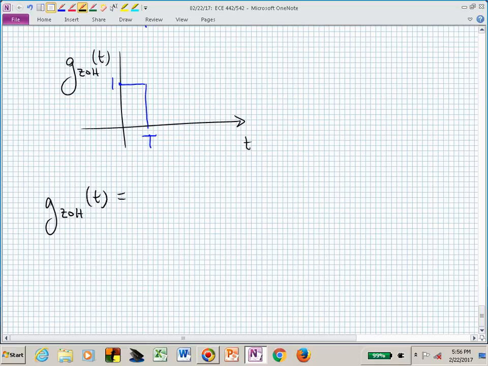I want to describe this rectangle in terms of fundamental waveforms, because I want to take this into the frequency domain. I want to try to find a capital G sub ZOH of S, so that I can combine it with my G of S, which is my plant. My analog to digital at the output doesn't have any dynamics, so I don't have to worry about that, but this one does.